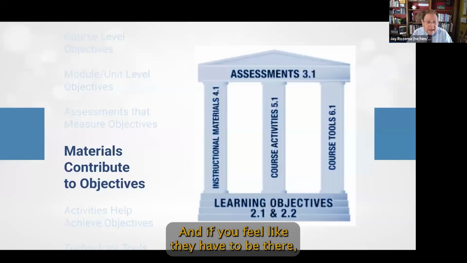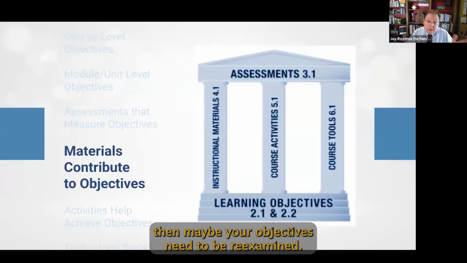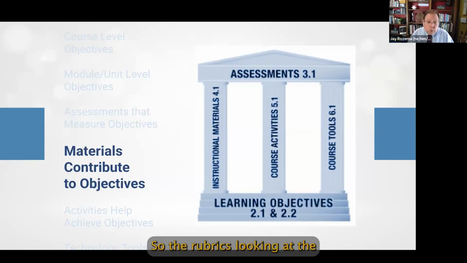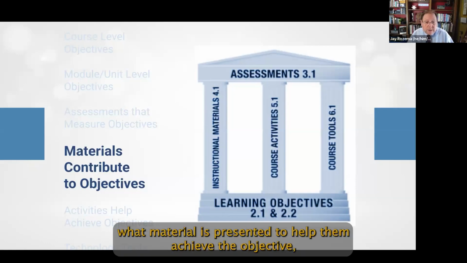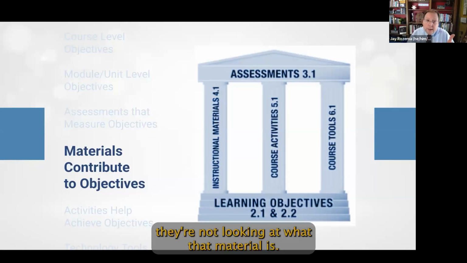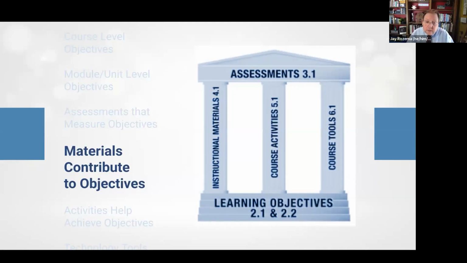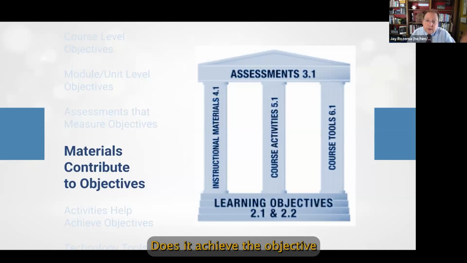And if you feel like they have to be there, then maybe your objectives need to be re-examined. So the rubric is looking at what material is presented to help them achieve the objective. They're not looking at what that material is. They're looking at, does it achieve the objective?